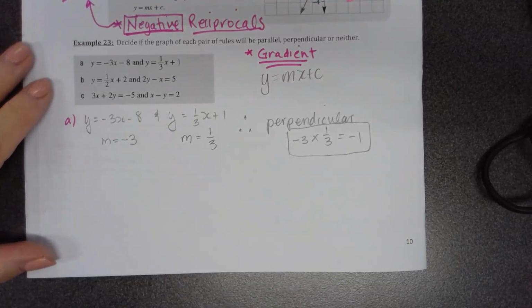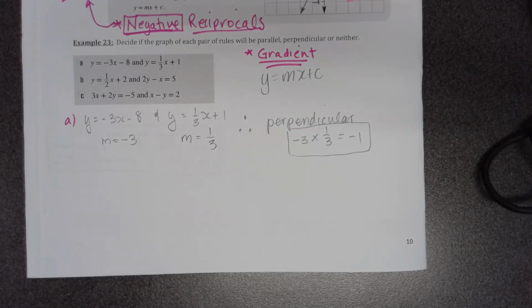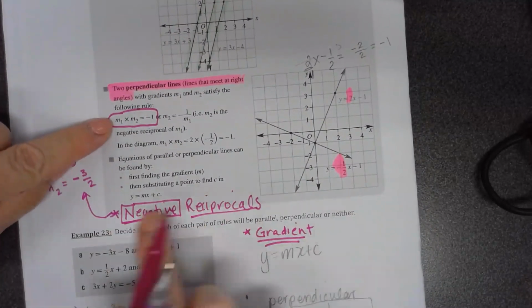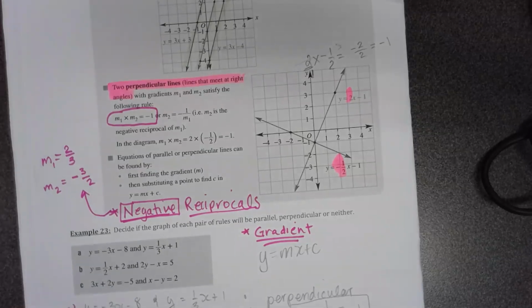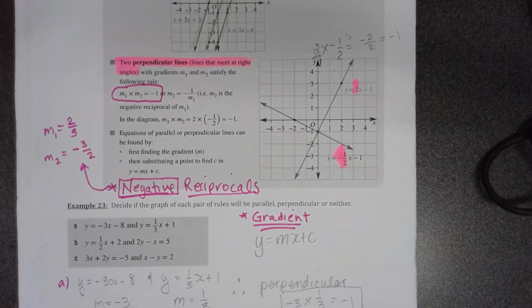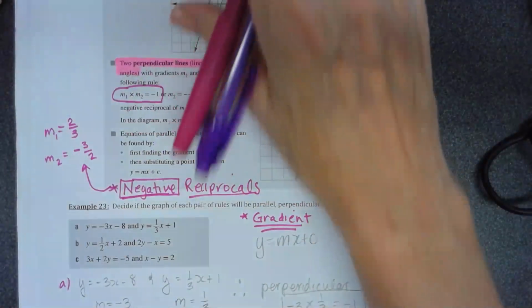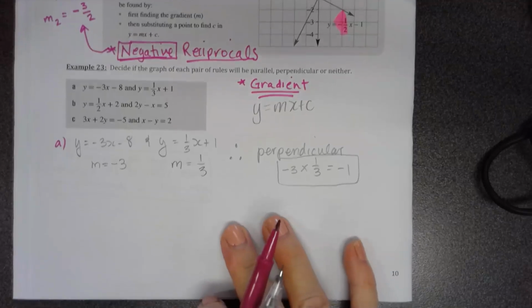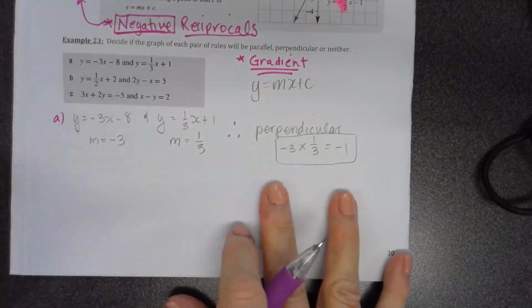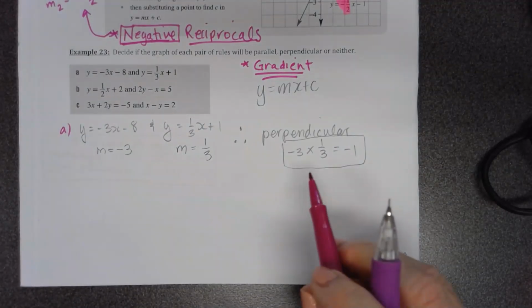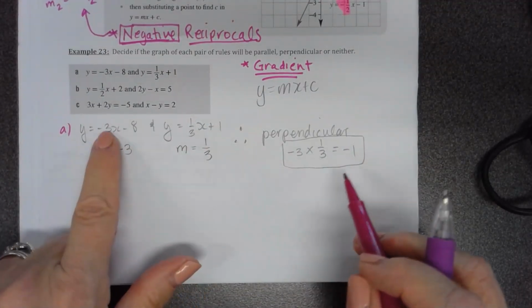Okay, B. So the rule that you just did is the same as the negative reciprocal. That rule and this are the same thing, okay? Is that fair? I never really learned that rule when I was a kid. My teacher always just said negative reciprocals, but I get it now. Okay, here I go. So the next one, how do you know it's perpendicular? Because when I multiply the two gradients together, I get -1.